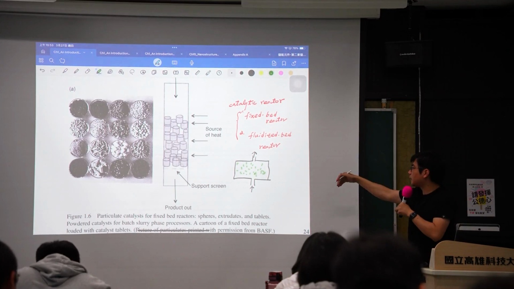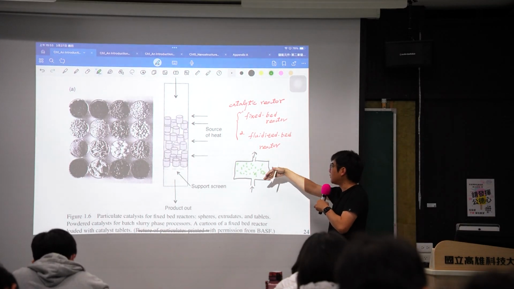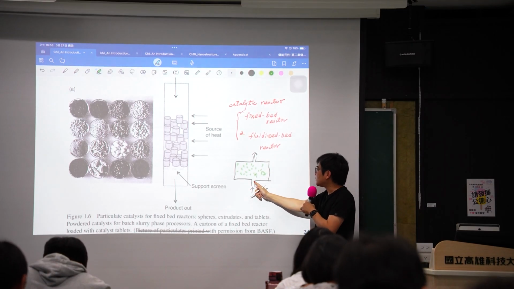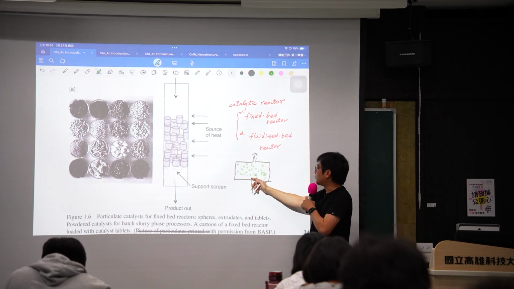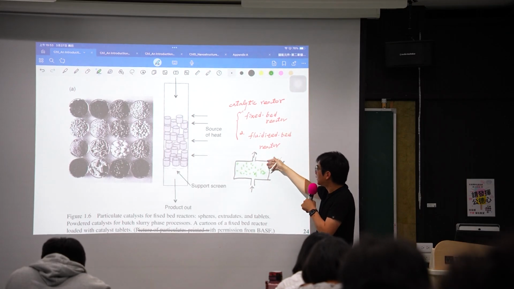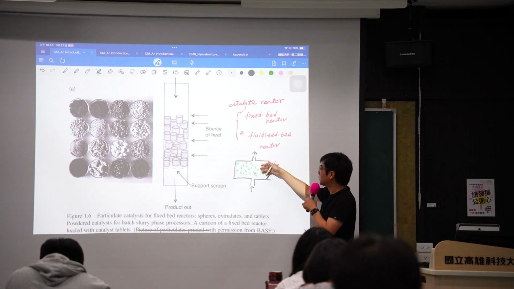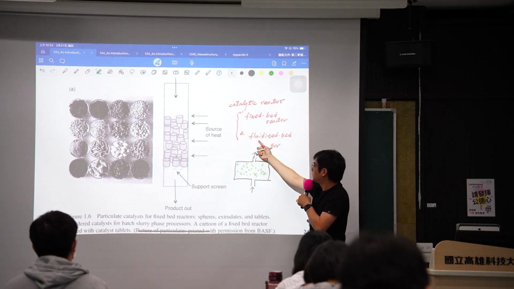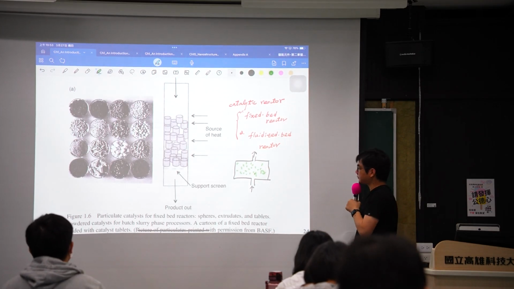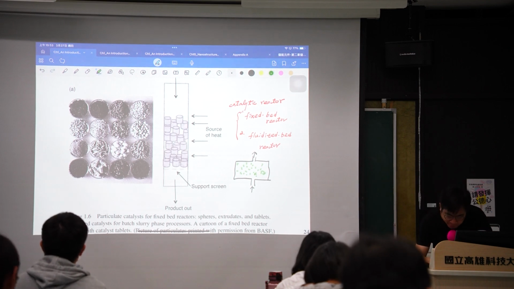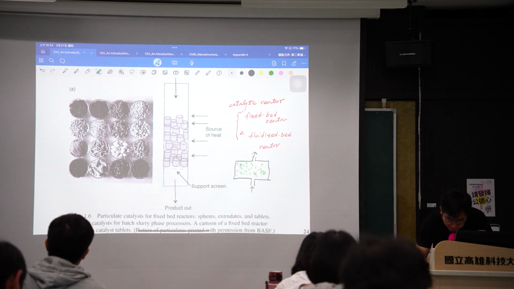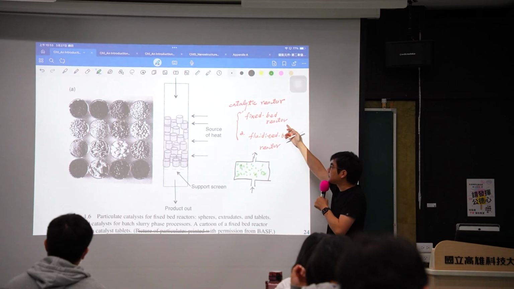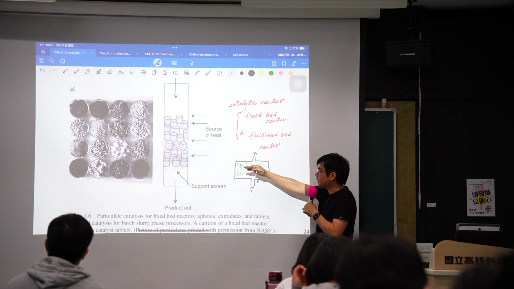If you have a suspend and rapidly flow in this area, so that the reacting gas through this flow catalyst and react with the reactants, and you have a product from here. Okay, this is fluidized bed. Okay, this bed reactor is not going to be fixed somewhere.